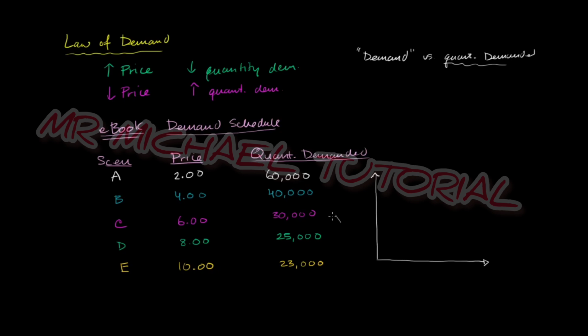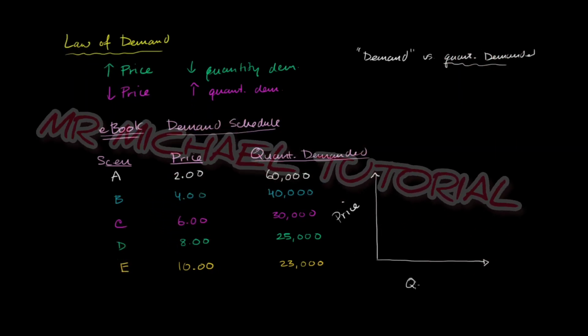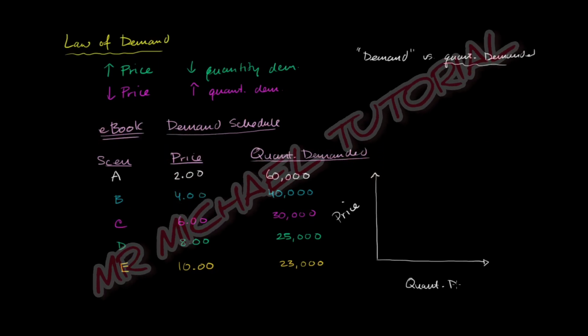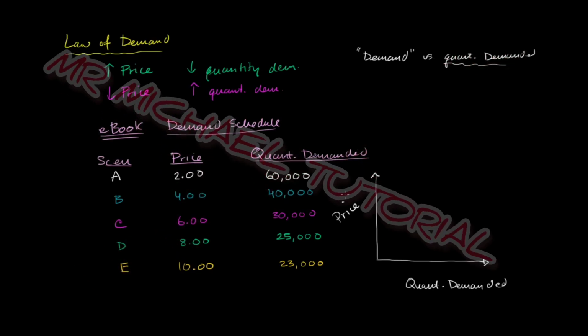I'll do the same. So we'll put price on the vertical axis, and we'll put quantity demanded on the horizontal axis. And our quantity demanded goes all the way up to 60,000.